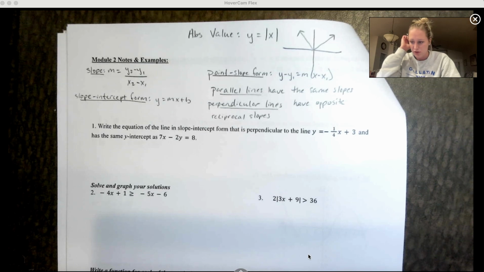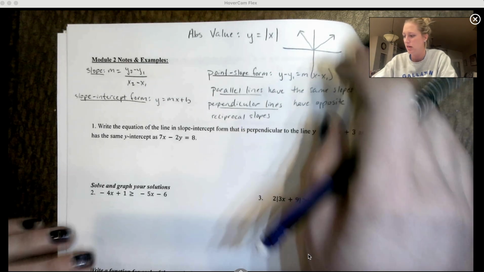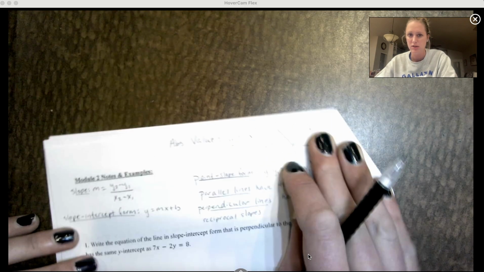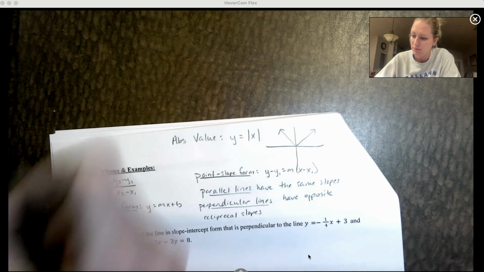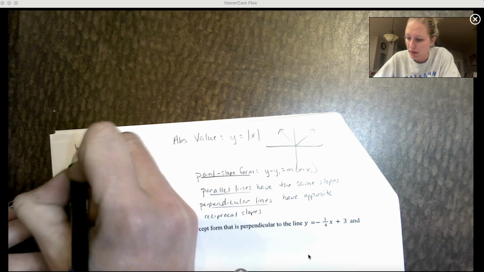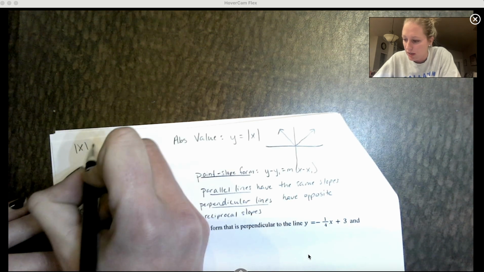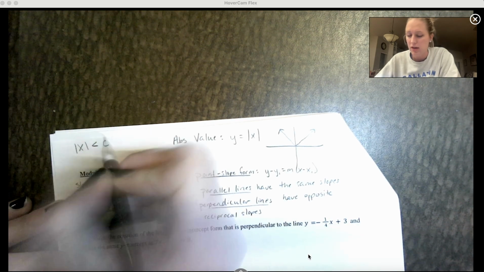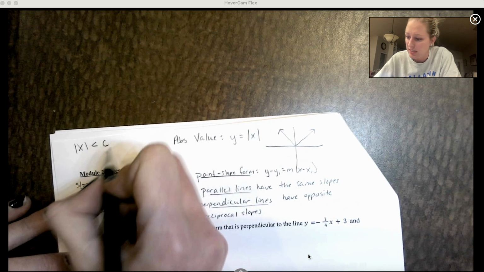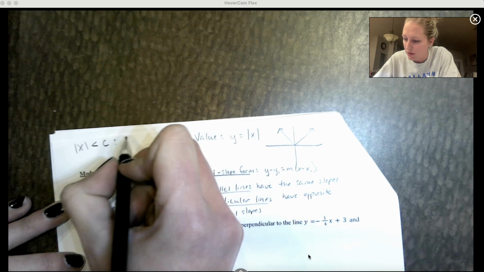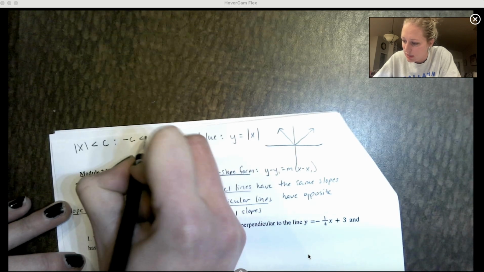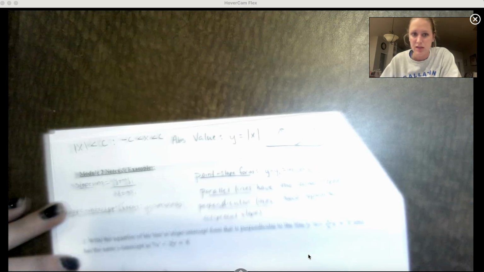I do have one more thing to add here because I forgot to put it on here, was when we were solving compound inequalities. So I'm just going to put something in here. If we have the absolute value is less than a constant, what that turns into is this compound inequality: negative c is less than x is less than c.